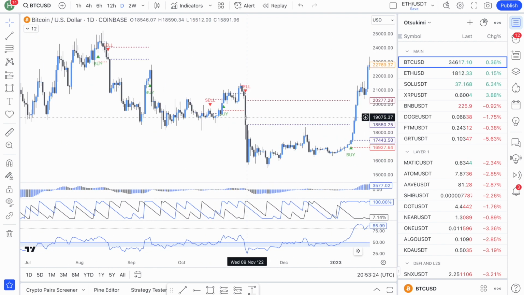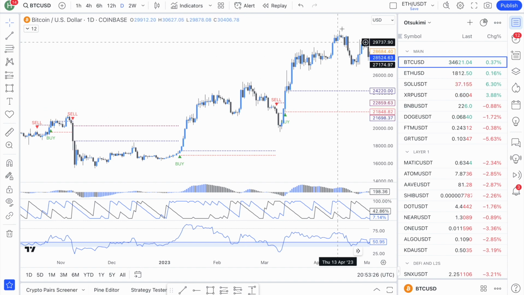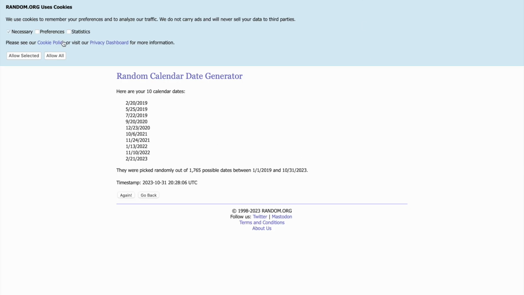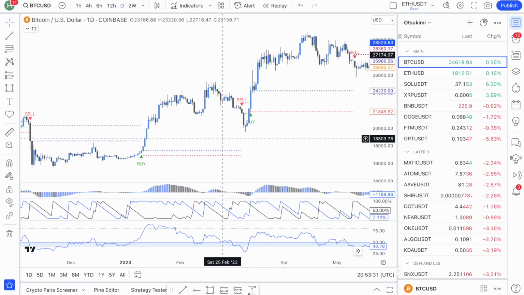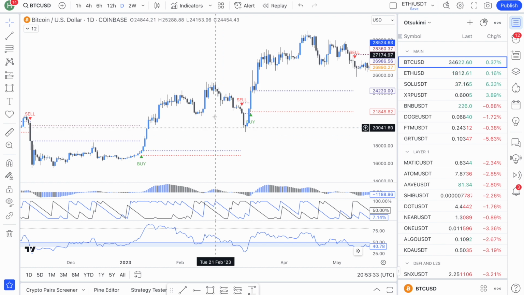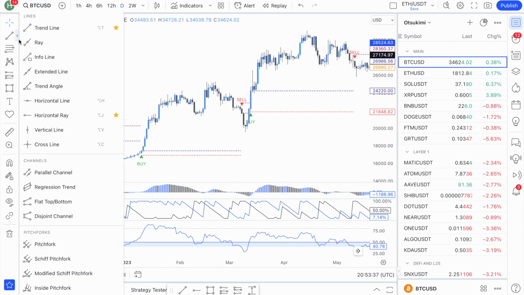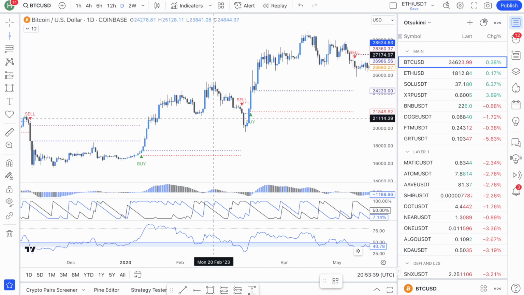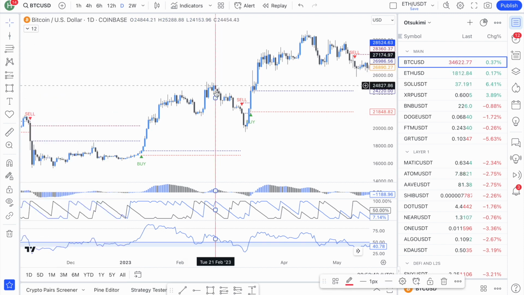We'll go to February. February 21st, 2023, so that is right here. So I'm going to mark this date out, and I'm not sure if I'll mark it every time with a line, but I'll mark this date out, then I'll do the trade on the left and the trade on the right.